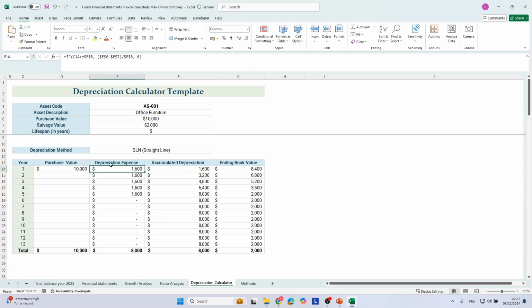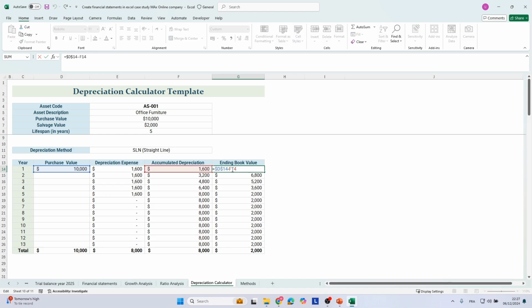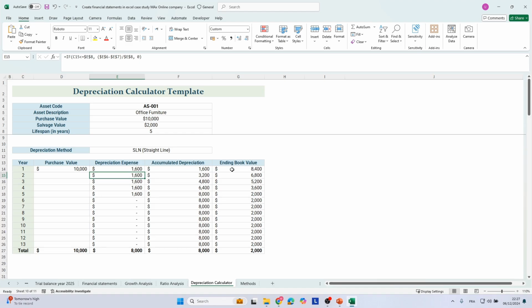Then we continue our table for the calculation. We have accumulated depreciation, which is the depreciation for the first year. Then we get the ending book value, which is the purchase value minus the accumulated depreciation. For the second year, the depreciation will be the same, and the accumulated depreciation will be the current year depreciation plus the accumulated depreciation for the previous year.